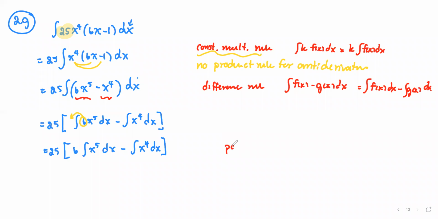In this step, we apply the power rule: the integral of x to the power r with respect to x equals x to the r plus 1 divided by r plus 1, plus C. Recall that r cannot be negative 1; in this case r equals 5, and in this case r equals 4. Both of them use the power rule.